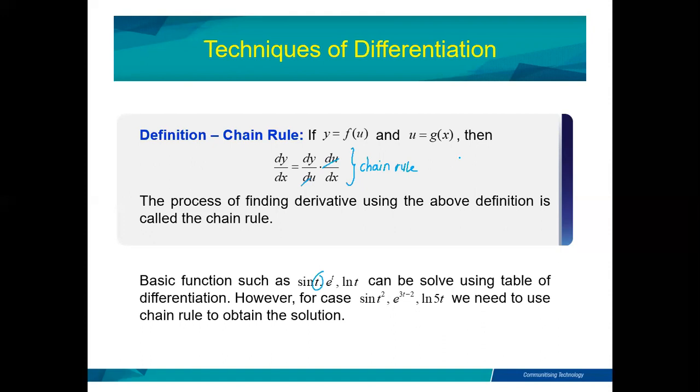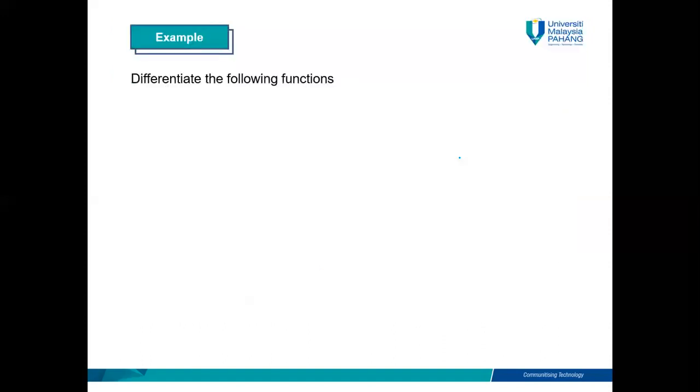In the table you only have sin t. If you have sin t power 5, how do you do it? Then you have to use the chain rule. Let's see an example for your understanding. Now you have y equal to (3x plus 5) power of 5.